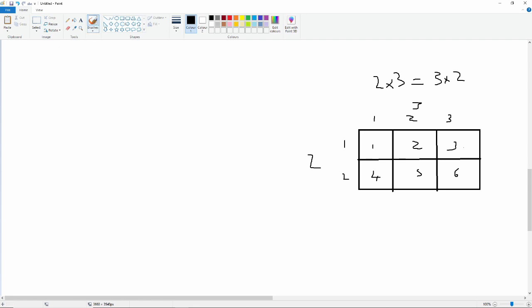Or we could count the other way and we could say 1, 2, 3, 4, 5, 6. Okay, so either way, excuse the terrible handwriting, you can multiply either way round and it will give you the same answer. So a times b is the same as b times a.